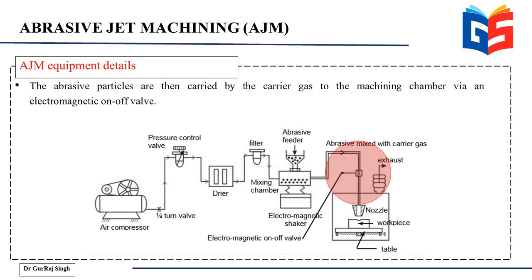So this rate can be varied depending upon the material removal rate that you desire at the end of the workpiece. So next you have an electromagnetic on-off valve. So this valve is basically controlled using a foot pedal or a handheld lever, and this controls the supply of this mixture of abrasives and the gas to the nozzle.